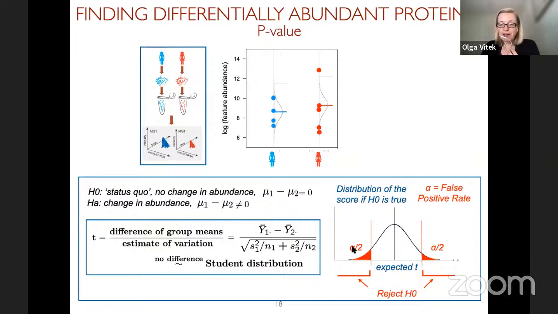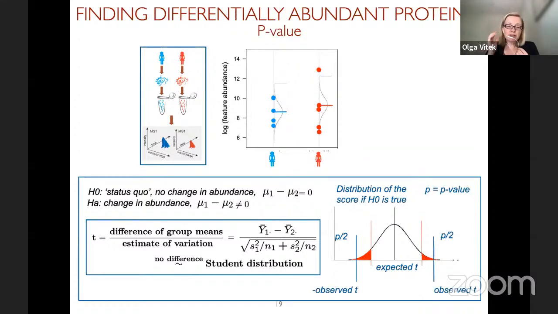If we specify it, for example, at 5%, then if my observed signal to noise is in the tail, I have a 5% chance of rejecting the null hypothesis when I shouldn't have. And so the value of this statistical analysis and making assumptions is really in this error rate, making decisions and being able to quantify how often you can be wrong in these decisions. So false positive rate is one way to quantify how wrong we can be.